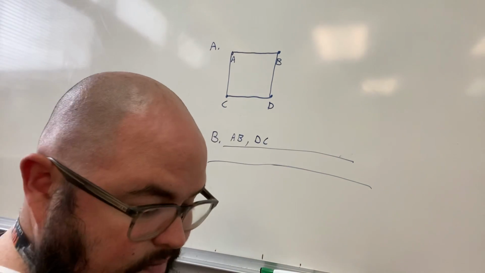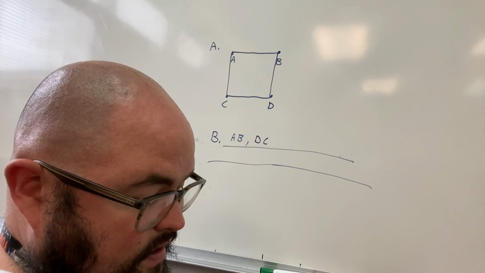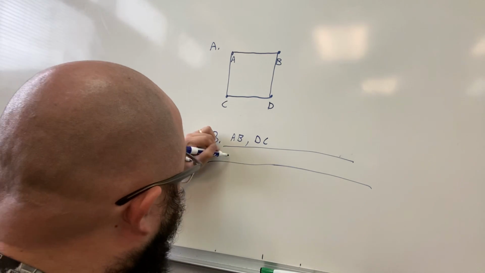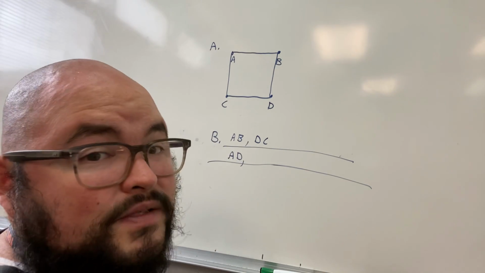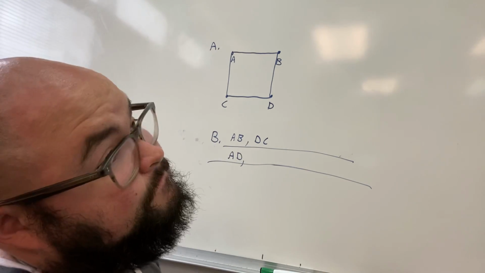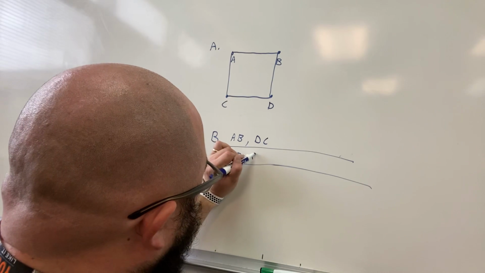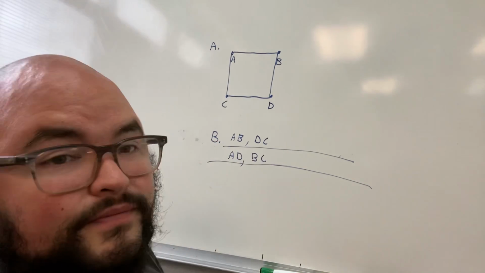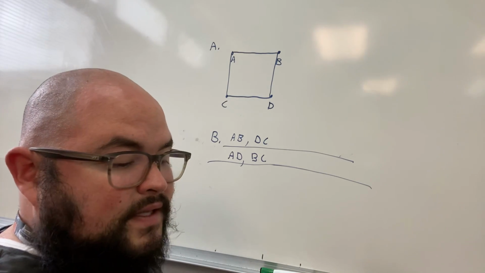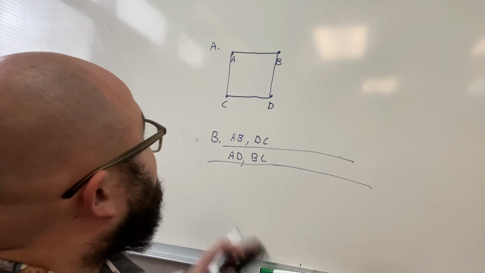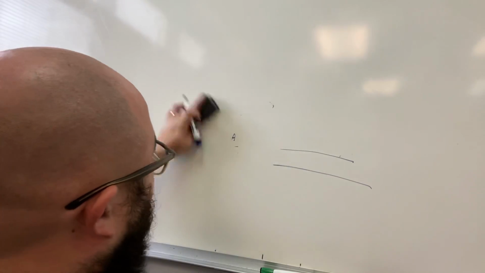DC is in your book. AD is another one. AD, comma, and the last one, BC. BC. That's all there is to points, lines, segments, and rays, guys. That was our lesson today.